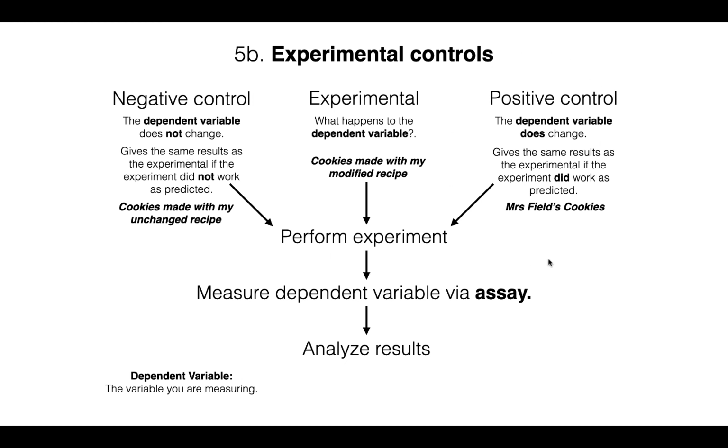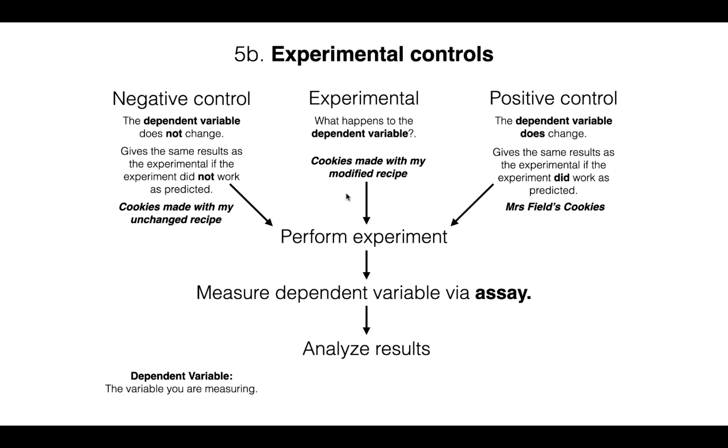The positive control is the control in which the dependent variable does change. Okay? It's going to give us the same results as the experimental if the experimental did work as predicted. So for example, our positive control here is going to be our normal Mrs. Fields cookies. And then our experimental is obviously our cookies made with the modified recipe.